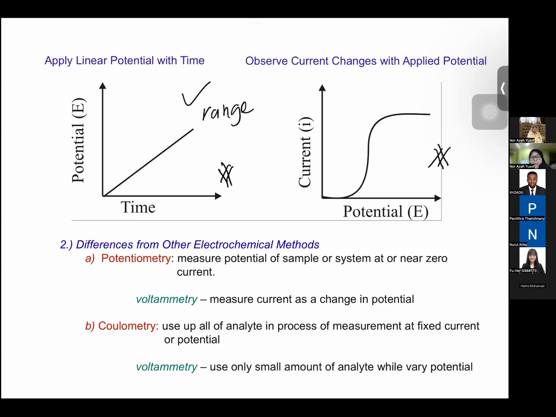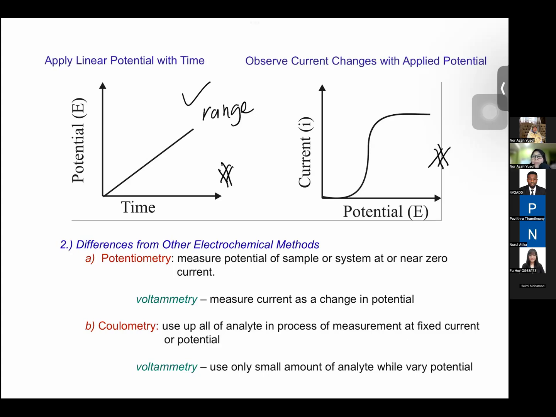Then you get reduction, oxidation, which I asked you to read. What is oxidation? What is reduction? Even though it's basic, probably you have forgotten the meaning of oxidation, the meaning of reduction. So that's why I asked you to read last week.